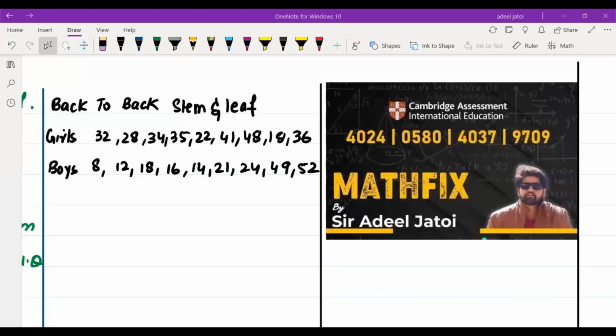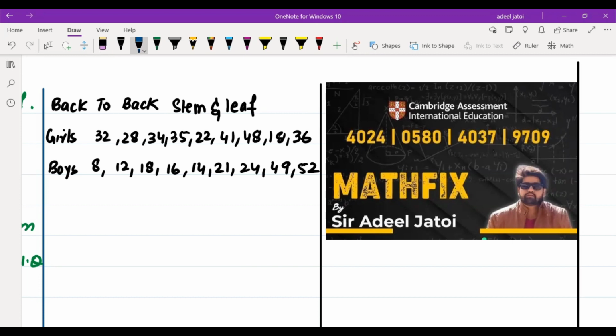Since we are now working on back-to-back stem and leaf, you need to understand that your two data sets will be represented in your stem and leaf diagram. Your data will be sketched by knowing the minimum value and the maximum value of both data sets.